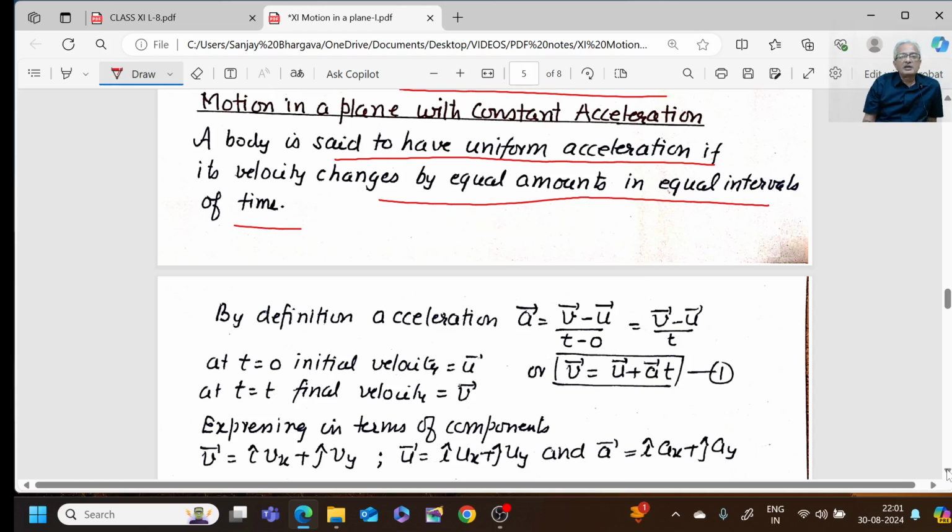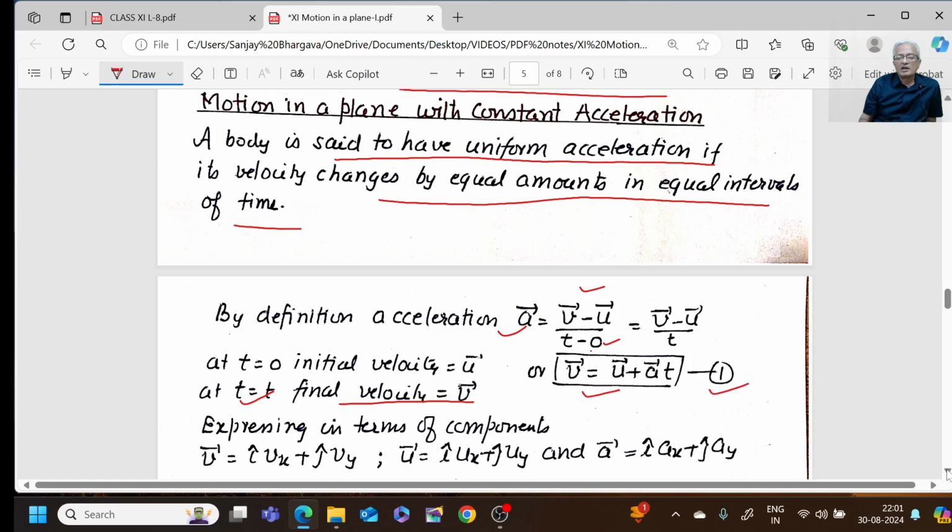By definition, acceleration a can be written as change in velocity over change in time, v minus u upon t minus 0. What is u? The initial velocity at time t equal to 0, and at time t, the final velocity is v. So rearranging the terms, I get v vector is equal to u plus at, called equation number 1.